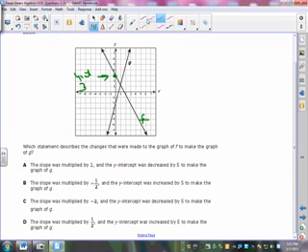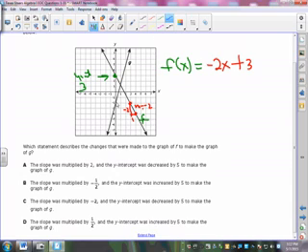Let's get a rate of change. We start at a corner and we go down till we find another corner. That is down 2, to the right 1. So this line has a slope of -2. That tells us that f, the equation, was -2x plus 3.